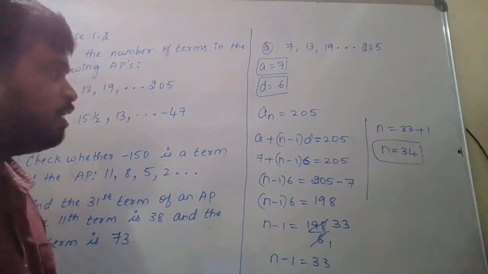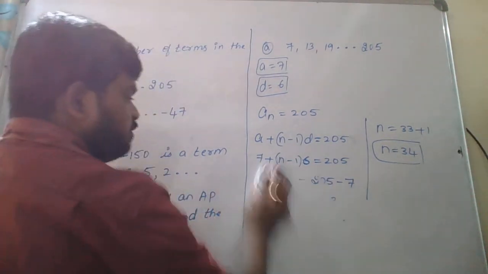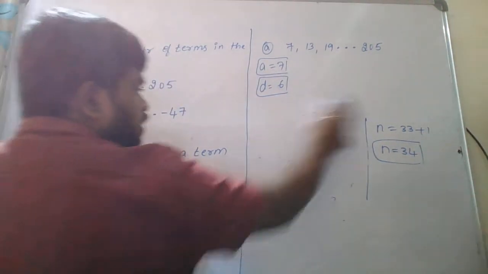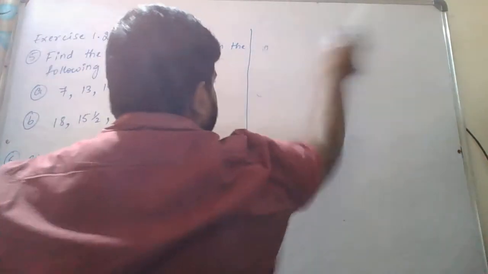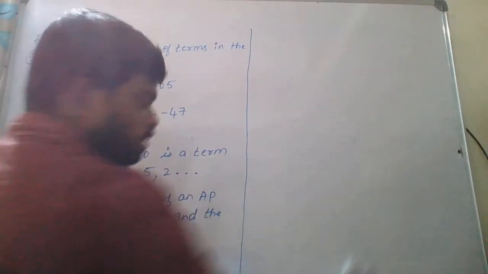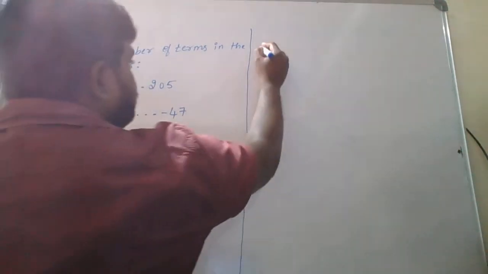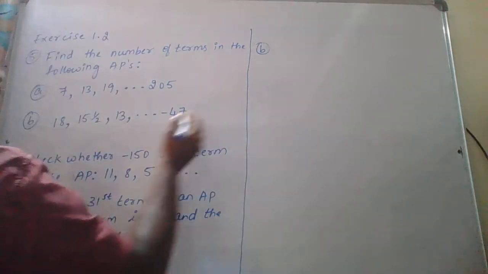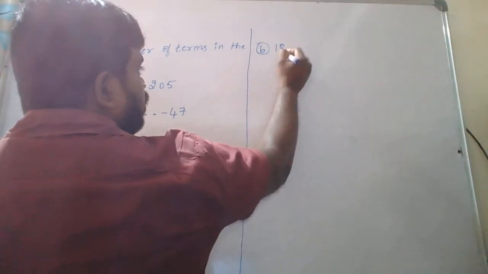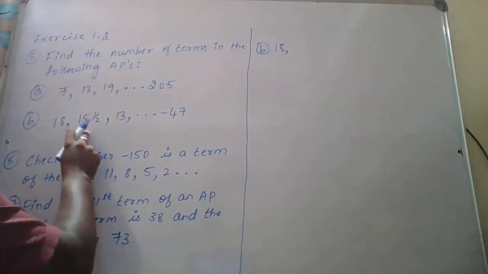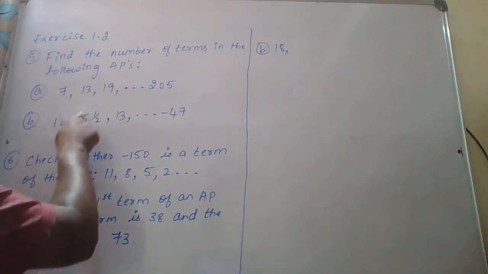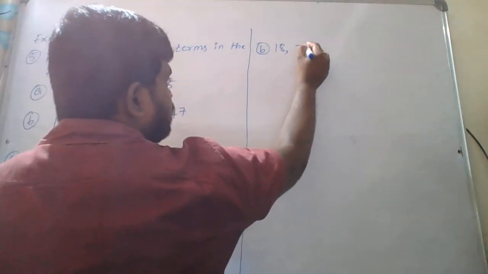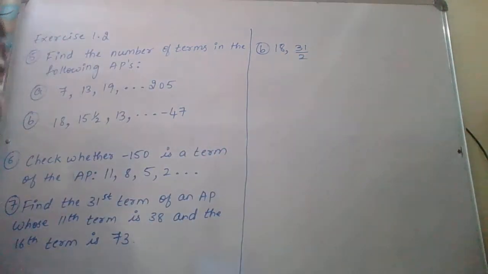Similarly, let's do the next one. In the next question, first let's find A and D. Question B: we have got 18, 15 and a half, 13, so on up to minus 47. 15 and a half is a mixed fraction, so let's convert it to improper: 2 into 15, 30, 30 plus 1, 31 by 2.